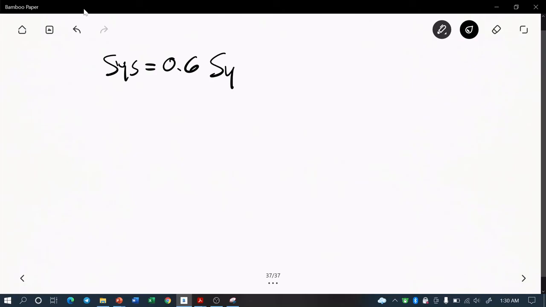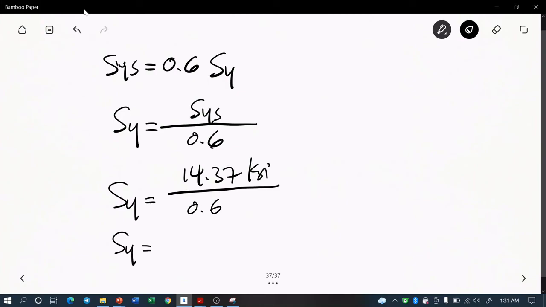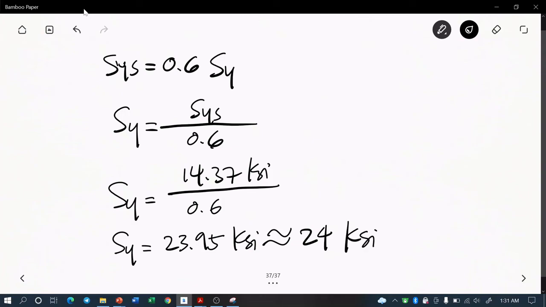Using this, we can solve for S sub y, which is equal to S sub ys over 0.6. So we have 14.37 KSI over 0.6. So we have S sub y equal to 23.95 KSI, or approximately equal to 24 KSI.